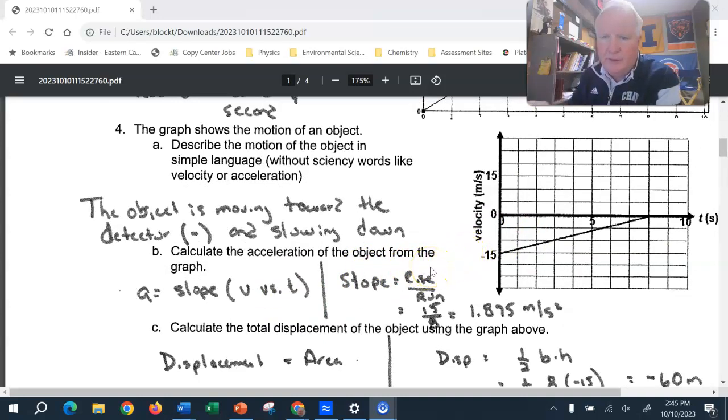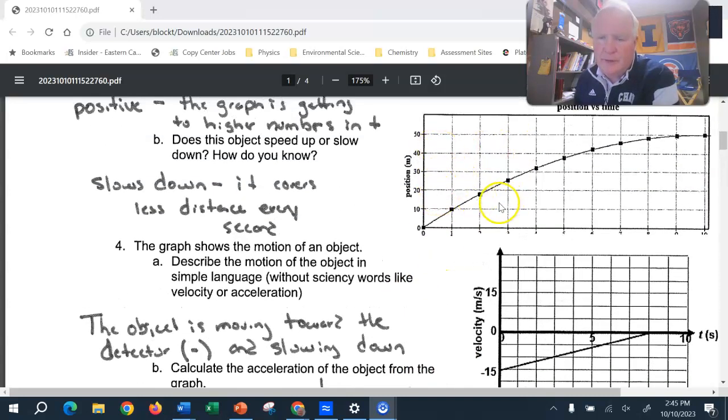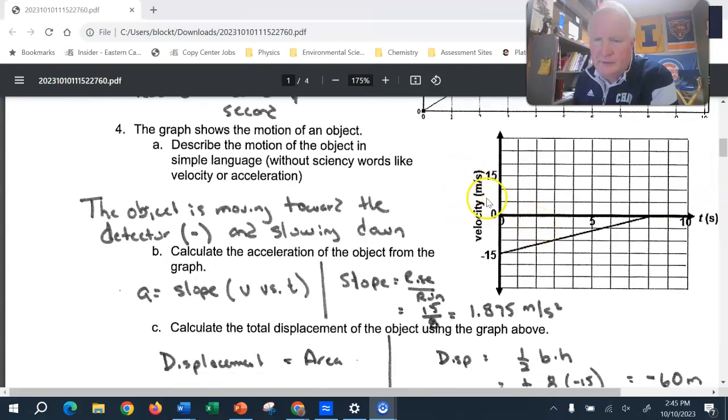Remember, there's 3 things that we can find. From a position versus time graph, this one right here, slope equals speed. From a velocity versus time graph, slope equals acceleration, and area equals distance. And so first, it said calculate the acceleration.